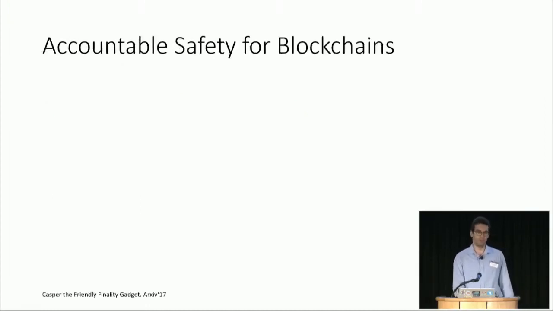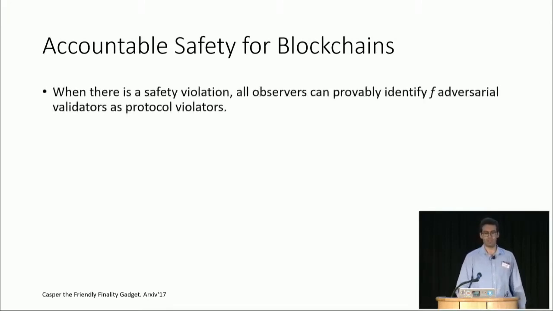Okay, how do we do this? Before I explain how we do this for a rollup, I would like to explain how people have already done it for blockchains, where single monolithic blockchains. It has been done through this concept of accountable safety. We say that a blockchain protocol satisfies accountable safety with some resilience F if it provides the following guarantees.